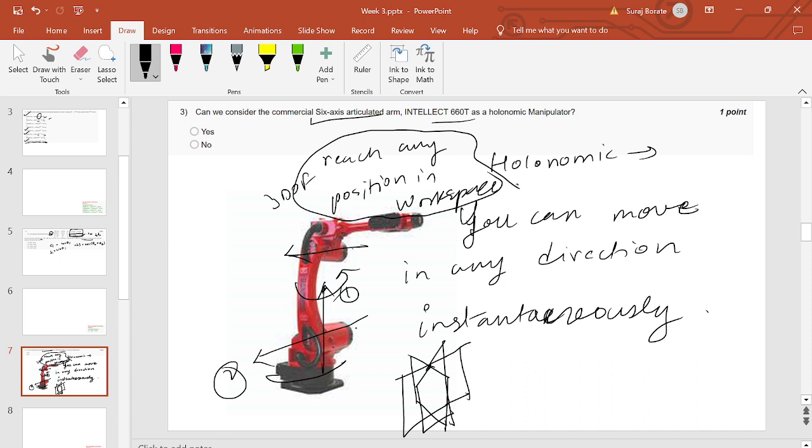Inside that vertical plane, these two joints are parallel to each other. So inside that plane, so if I just change the color, it is like a two-link manipulator. So a two-link manipulator can reach any position in the workspace.